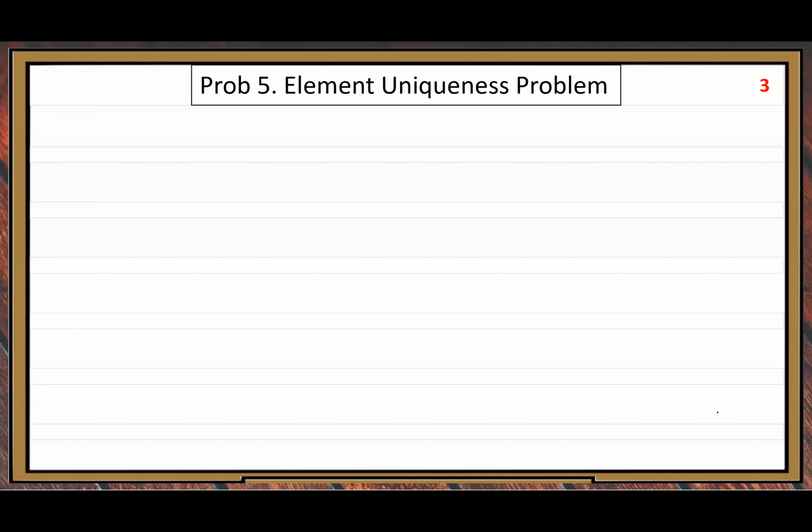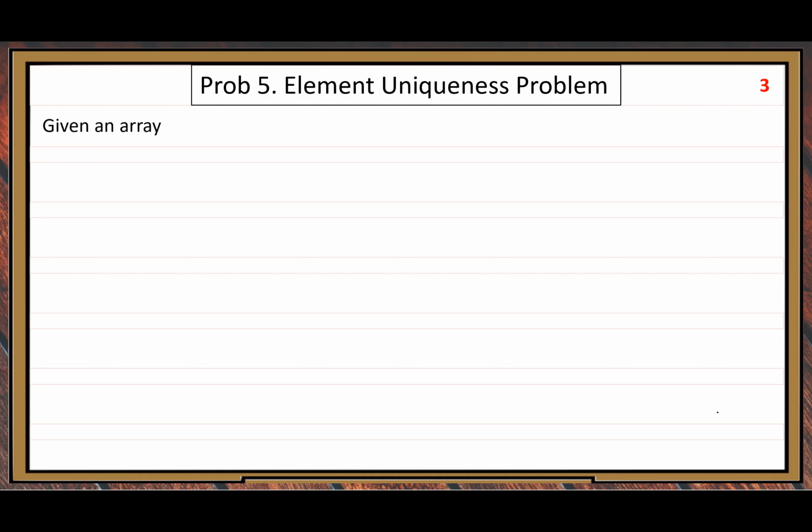Let's solve problem number 5, element uniqueness problem. From the title, you can guess a little bit what we are going to do. You need to detect, given an array, if the elements are unique or not, or if any element is repeated or not.